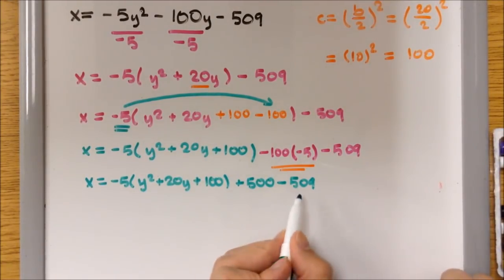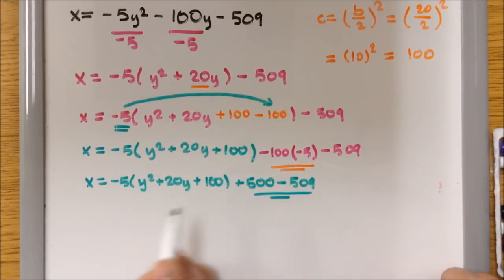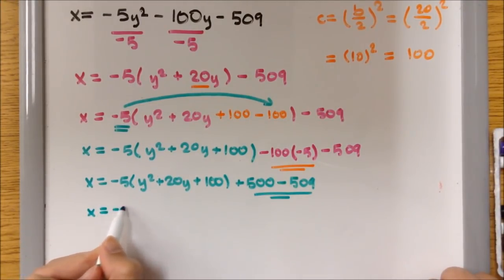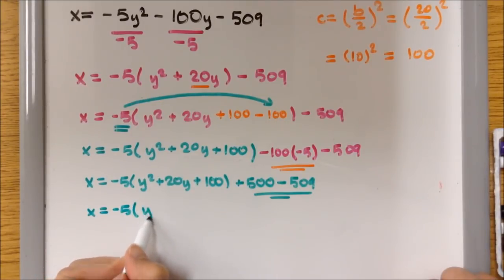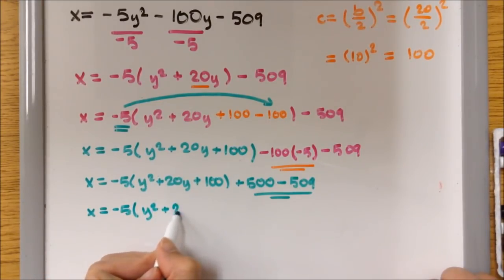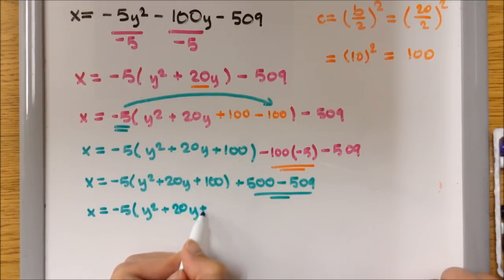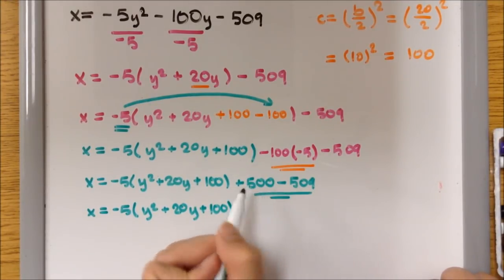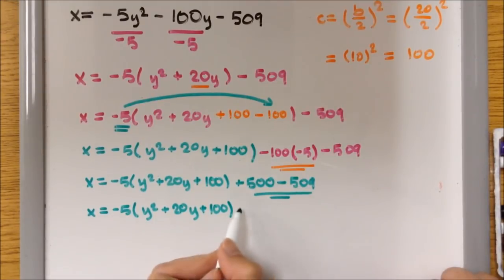And then I'm going to simplify this, combine like terms. So it's going to be x equals -5 parenthesis y squared plus 20y plus 100 close parenthesis. Positive 500 minus 509 will be -9.